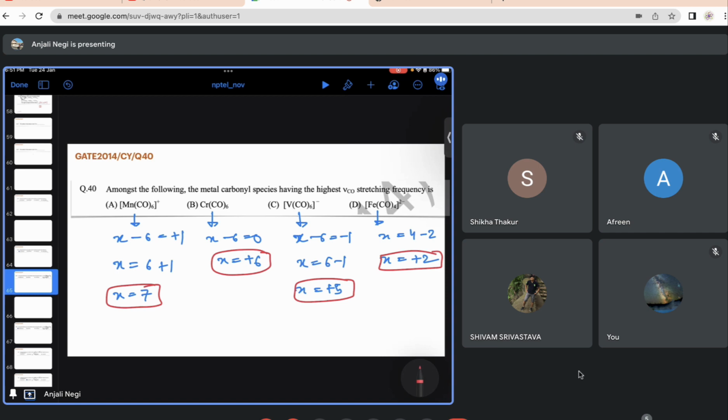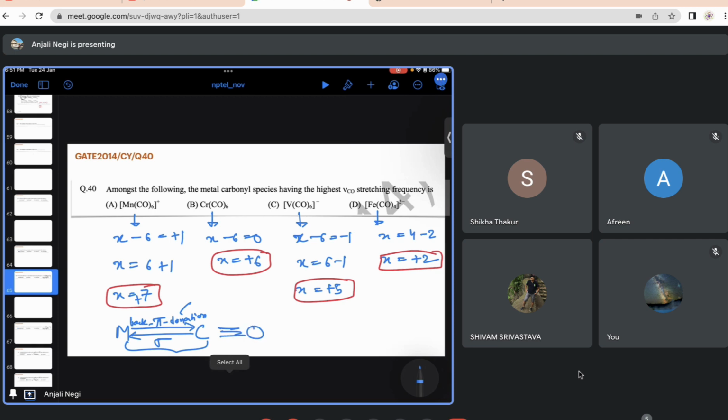Simply, the logic here is that in the case of back pi donation, the stronger is this donation, the weaker will be the CO stretching, because the stronger the bond between the metal and the carbonyl, the weaker will be the bond between the carbon and oxygen.